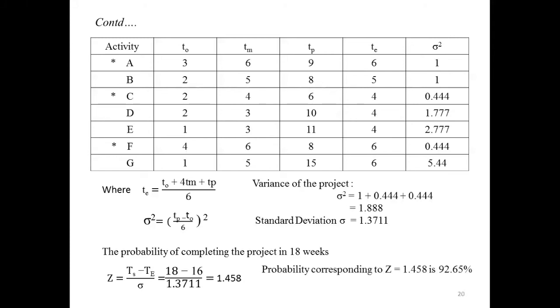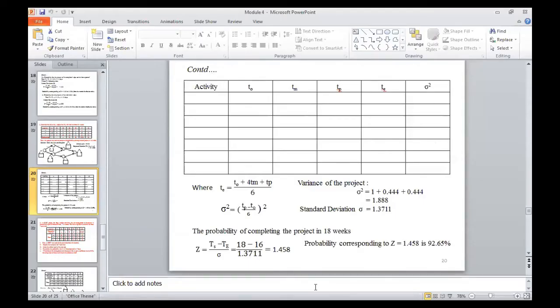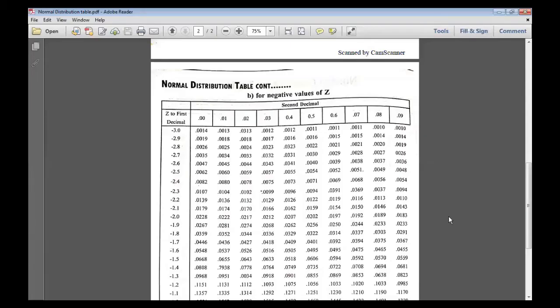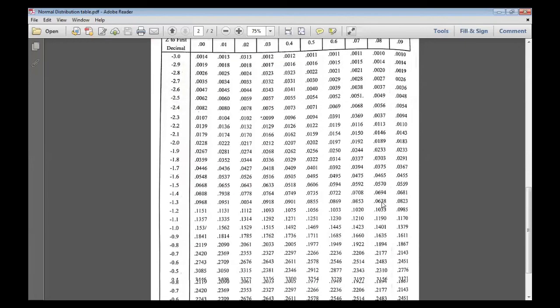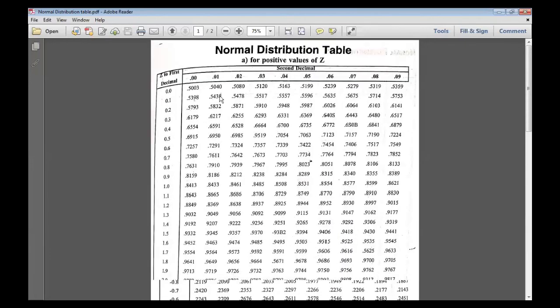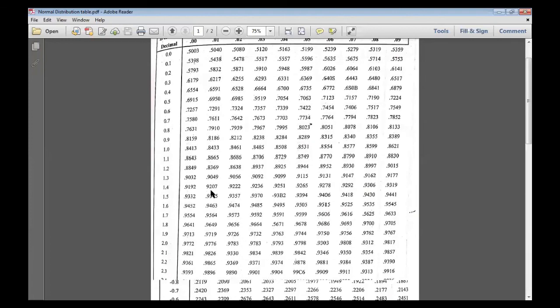If you calculate the Z value, you will get 1.458. Then the probability corresponding to Z equals 1.458, you will get as 92.65, from the normal distribution table. From this table, corresponding to the Z value 1.458, we have to go for the positive value, around 1.45.